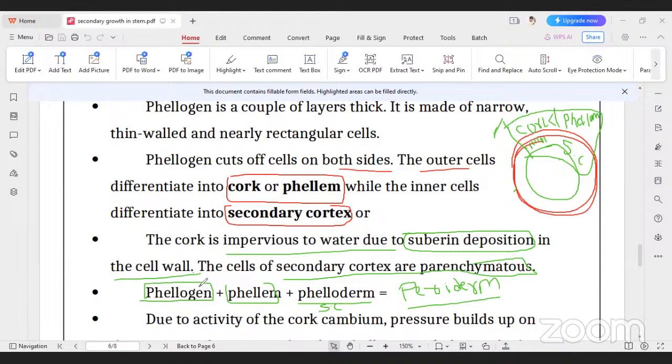Now these three, phellogen, phellem and phelloderm, together form the periderm. Is it clear?